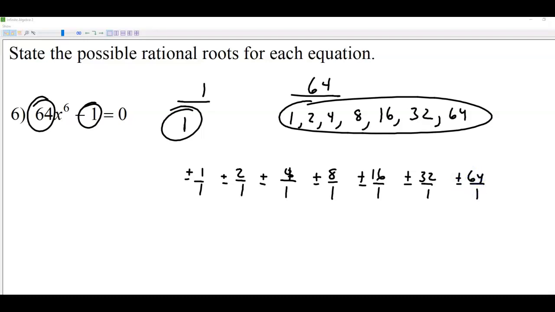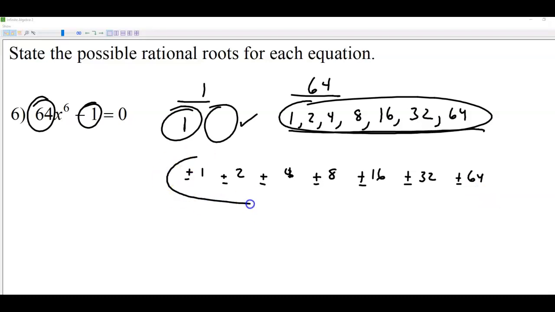Now technically we don't need the over 1s, right? Anytime something's over 1, it's just the number itself. Sometimes you'll have 2 numbers here. So you would have to write that many fractions again, this time putting these over the second number. Don't forget to reduce them if possible. But like I said, I'm just going to go ahead and get rid of the over 1s. It's not necessary for mine, because anytime you have 1 in the denominator, it doesn't really do anything, so we'll leave it like that.